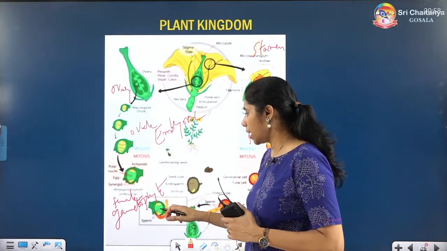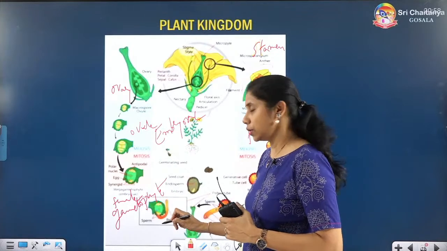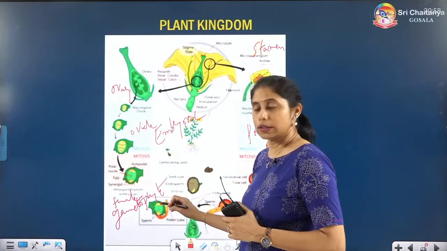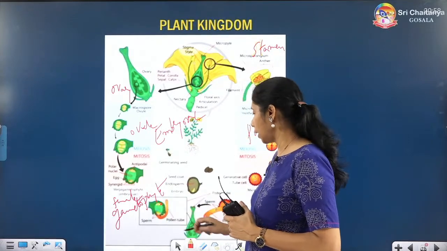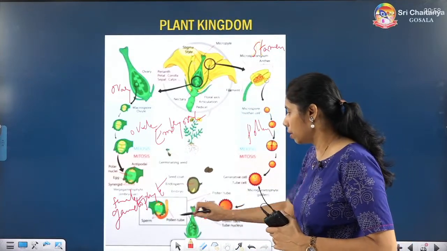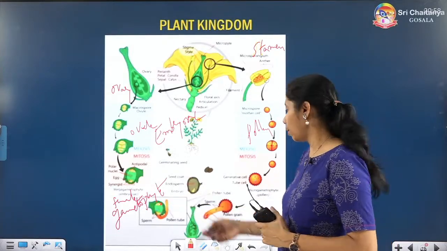So fertilization will be happening because it involves the antipodal cells, synergids. Antipodals will be there on one side, synergids, egg will be there, central cell will be there. So egg will be fertilized by the male gamete which is coming here and zygote is formed. And central cell will be fertilized to form the endosperm.